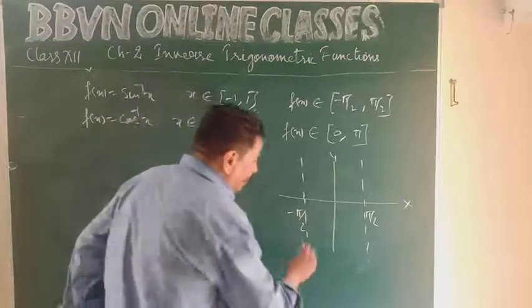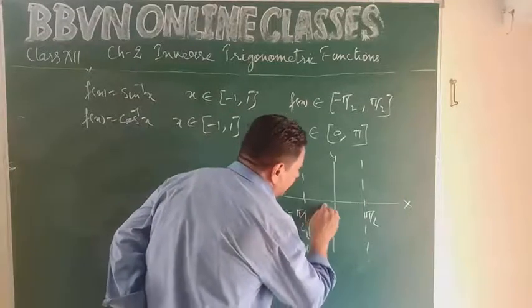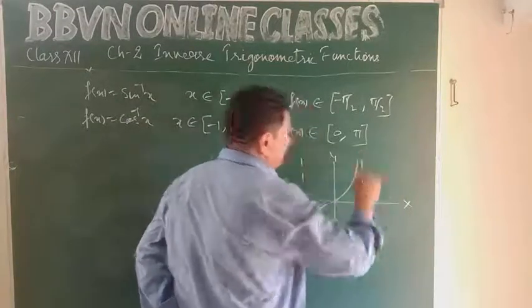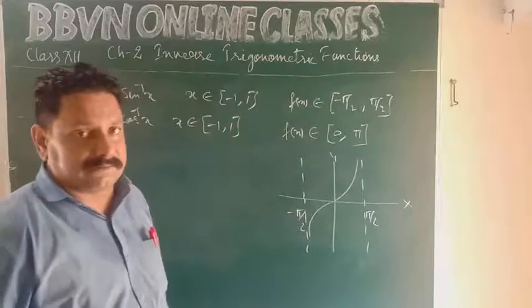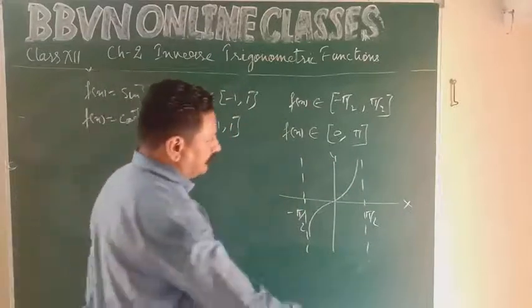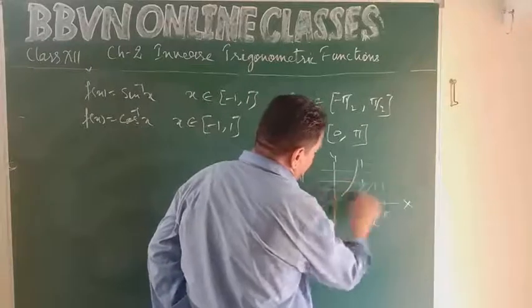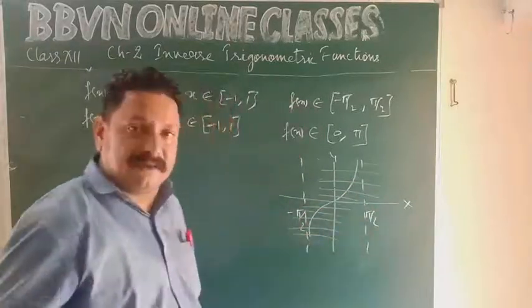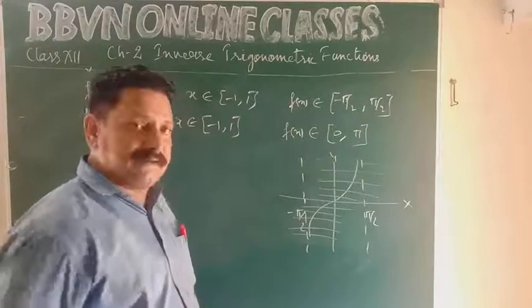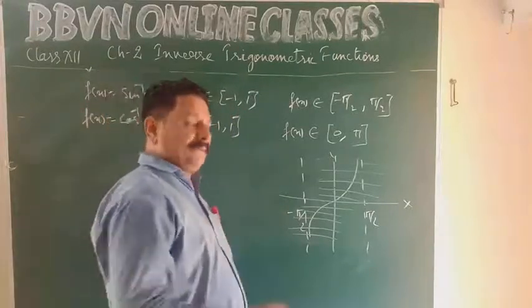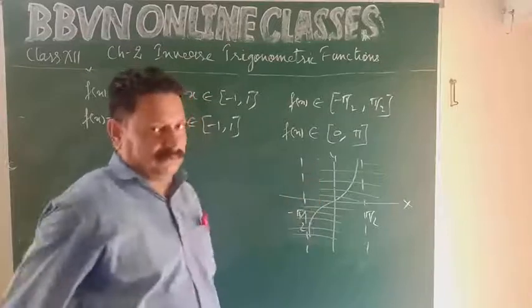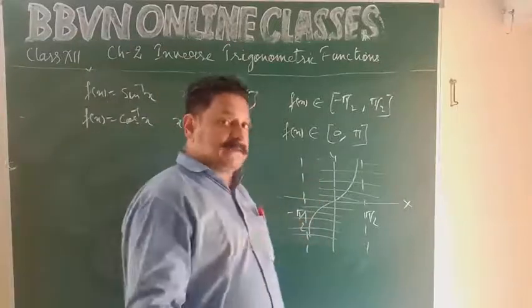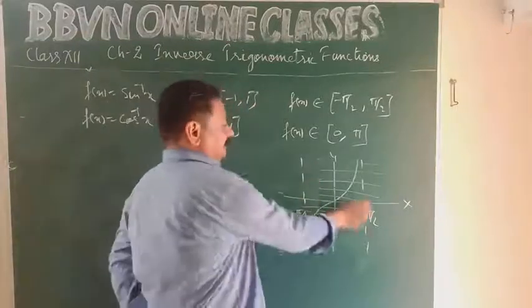And if you are able to recall the graph, this is the graph of tan x, from minus pi by 2 to plus pi by 2. Horizontal line test. Passed. So it exists. The inverse function of tan exists in the interval minus pi by 2 to plus pi by 2, except at minus pi by 2 and plus pi by 2.